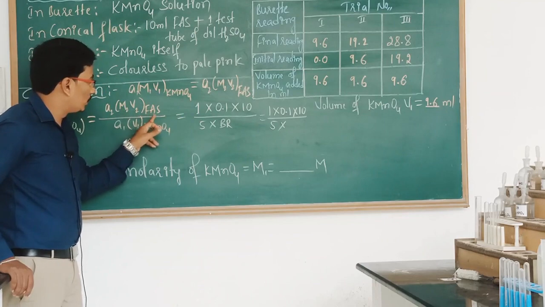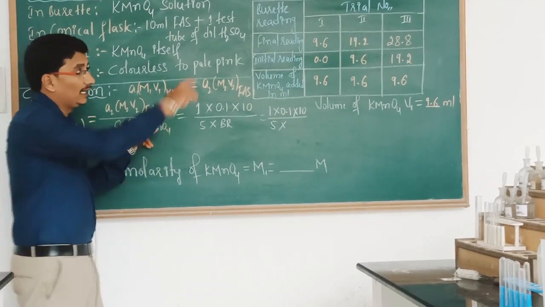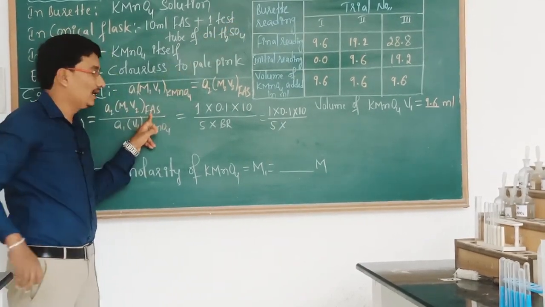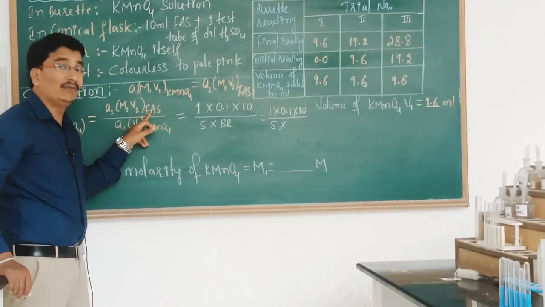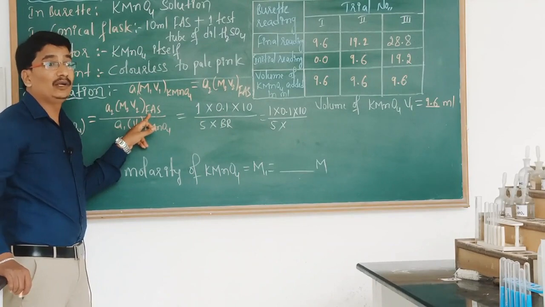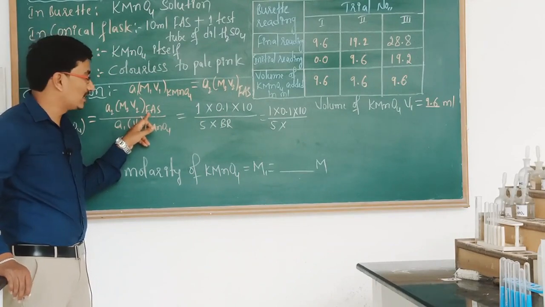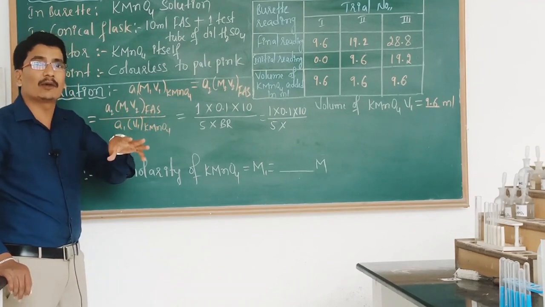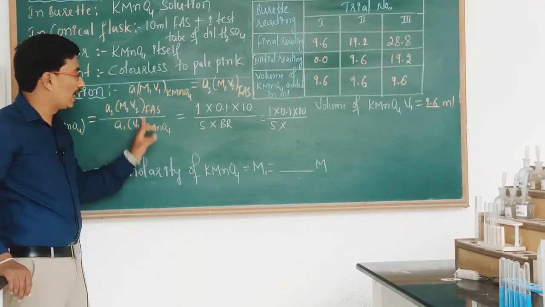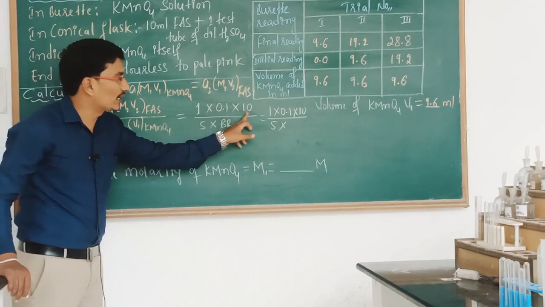The value of M2, the molarity of FAS, is 0.1 M. V2 is the volume of FAS, the solution we took in the conical flask. V2, the value of FAS, is equal to 10 ml. Each time we measured 10 ml, so we put V2 equal to 10.